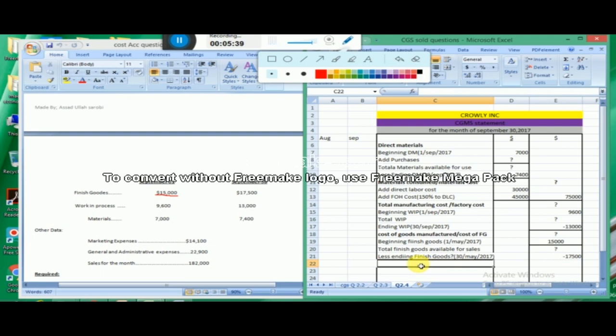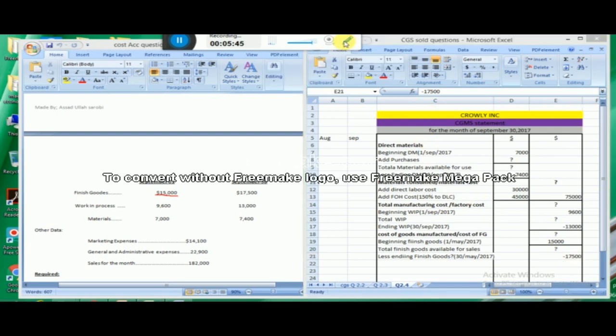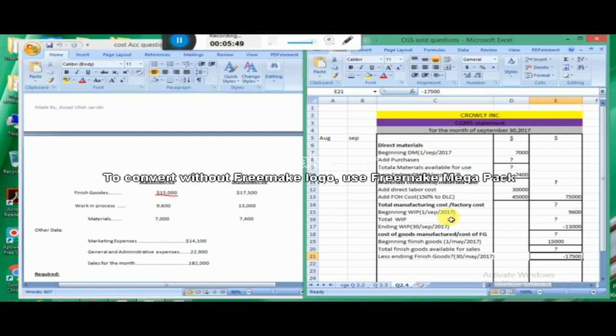So now 17,500, these are our ending finished goods, any remaining unsold stock of the month of September.